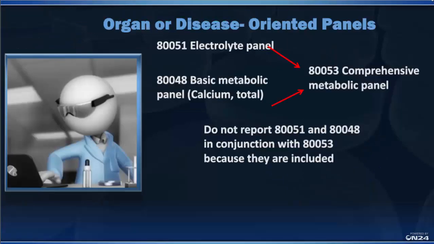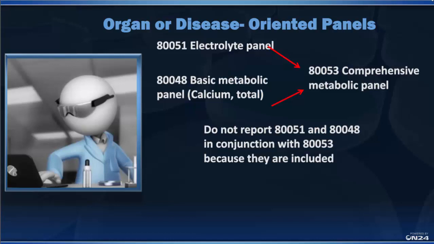When coding for organ or disease-oriented panels, make sure you're paying attention to what's listed in each panel, because sometimes you may see two different panels written separately on an order. But then you may find that there's a combination of both of the panels in one panel. So you would just report that one panel.